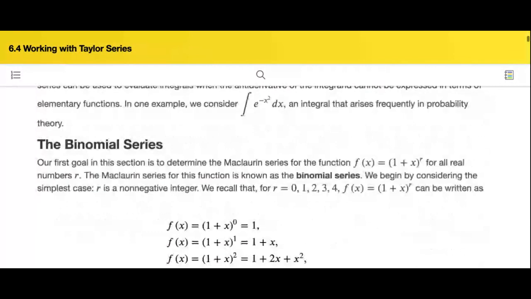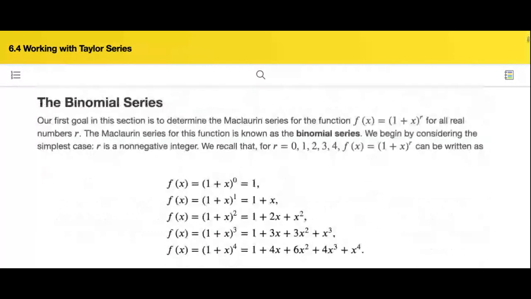So the first one, the binomial series. Our first goal in this section is to determine the Maclaurin series for the function f of x equals 1 plus x raised to r, for all real numbers r. Remember the binomial theorem we learned in pre-calculus? We have a plus b raised to n, where n is required to be a whole number.